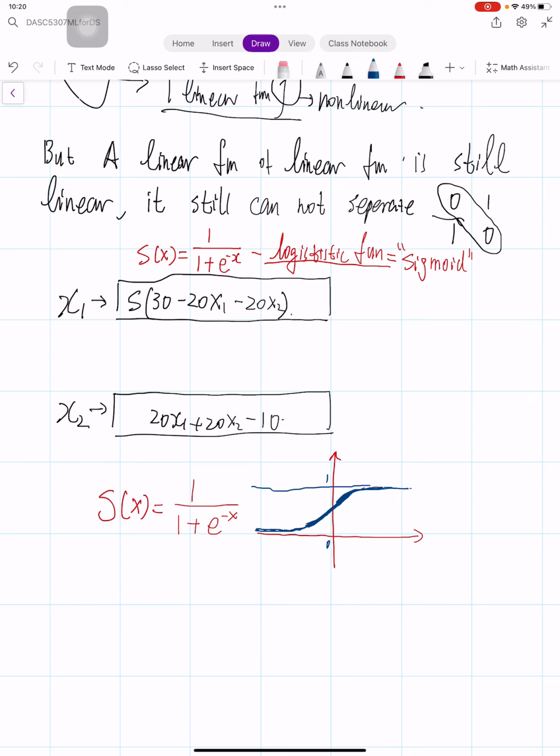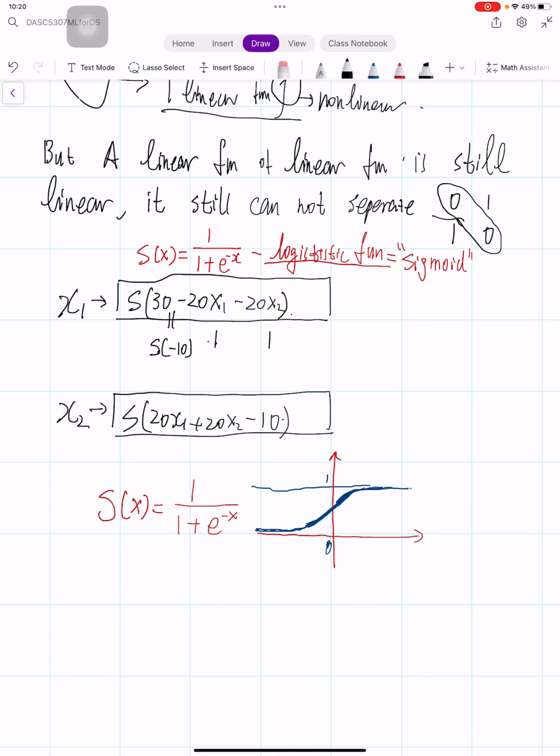For example, if we plug in x1 equals 1, x2 equals 1, how much do we get? Negative 20, negative 40 plus 30, this equals S of negative 10.